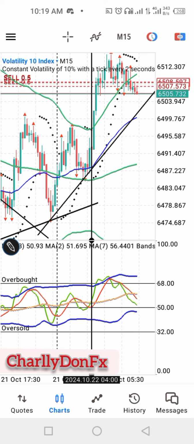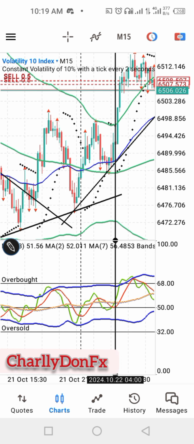And there's one other thing I didn't tell you guys. This moving average in our main chart is the 50 exponential moving average.